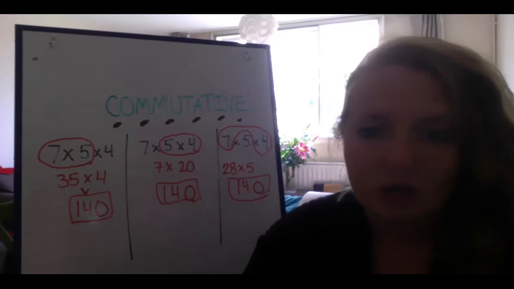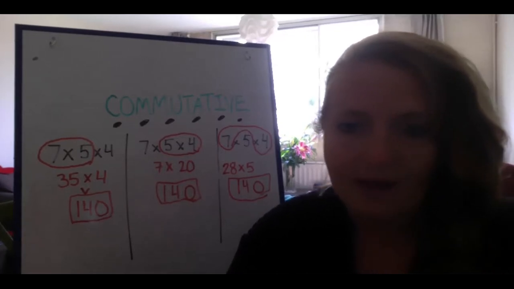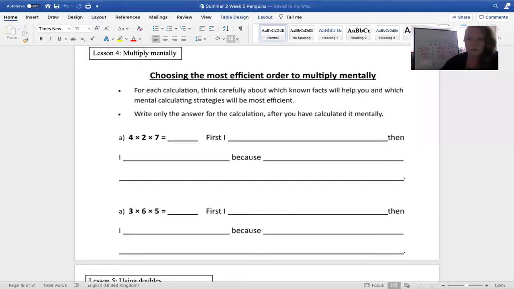Now, let's just show you what that means in your packet really quickly. This is the activity in your packet. You have 2 equations, and what you need to do here is just explain it a bit. Here's your equation, and then here you would put what the product is once you find it. It says write only the answers to the product after you've calculated it mentally using the other steps. The first item is the first 2 factors that you multiply together.